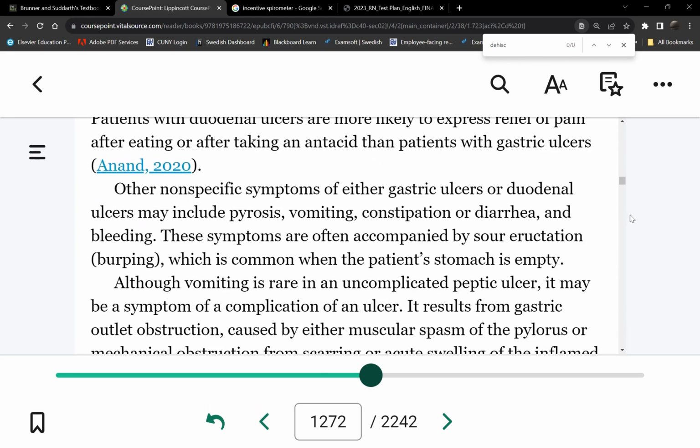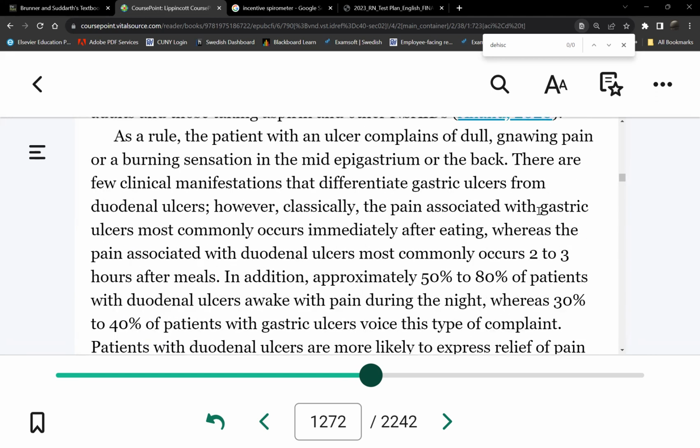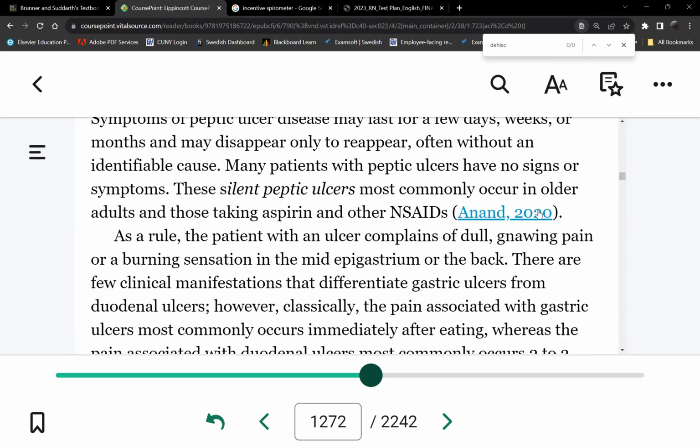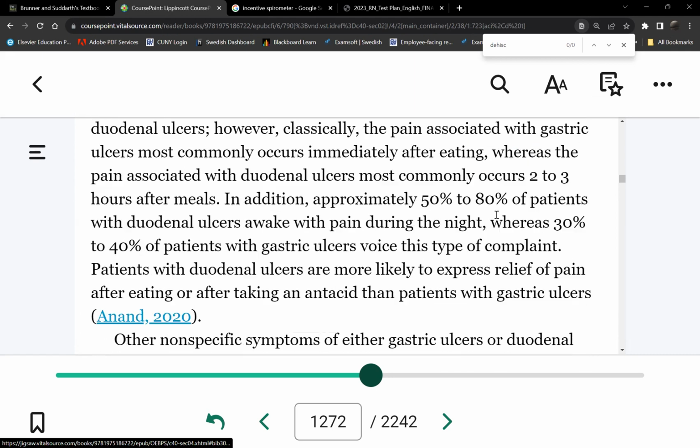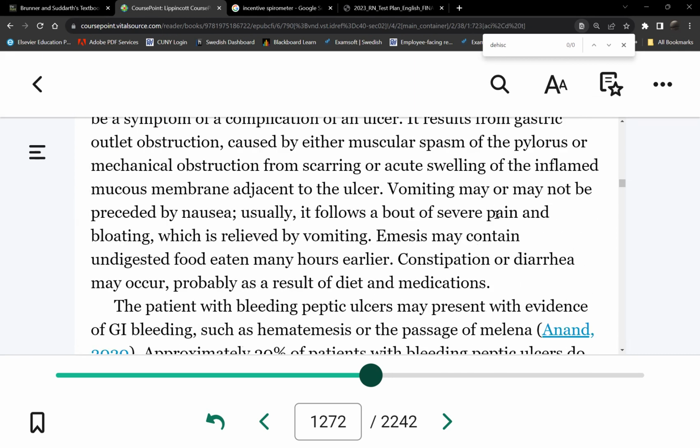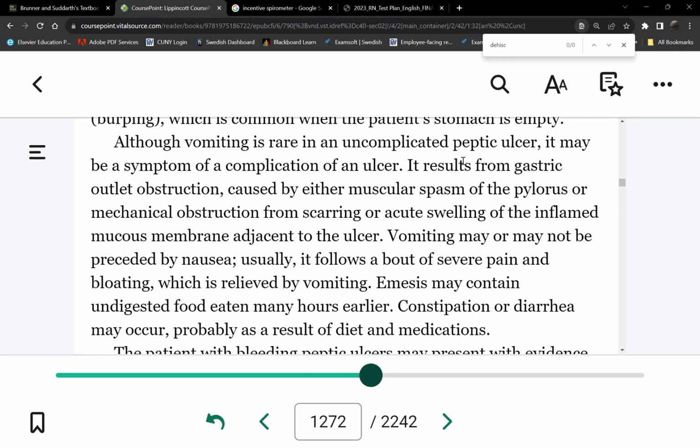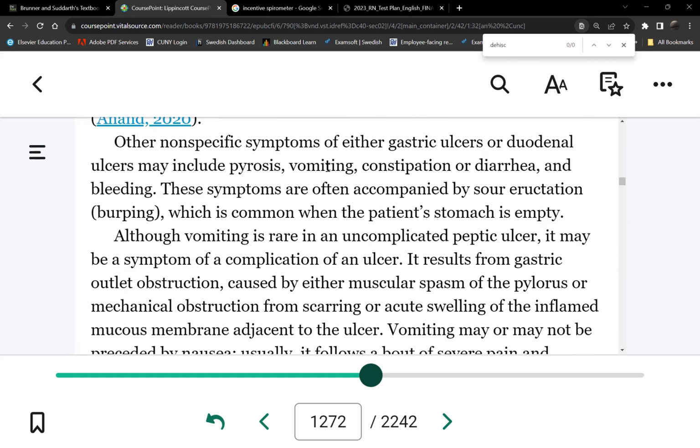Other symptoms besides the dull, gnawing, burning pain: signs of dyspepsia, vomiting, constipation or diarrhea, and then bleeding, of course.